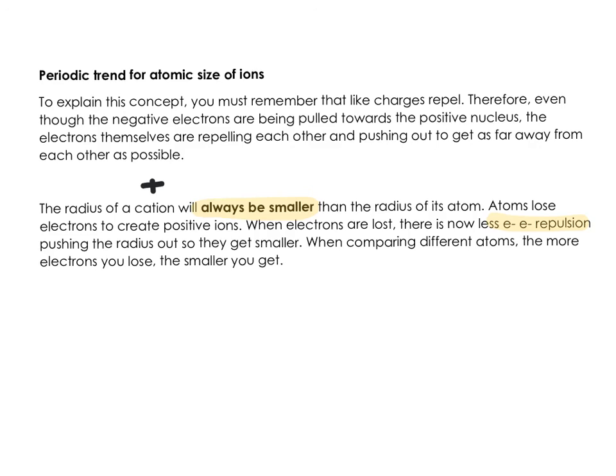So if we look at lithium, lithium loses 1 electron, so it forms a 1+ ion. This is about 90 picometers, where its atom is about 130. So it definitely got smaller.